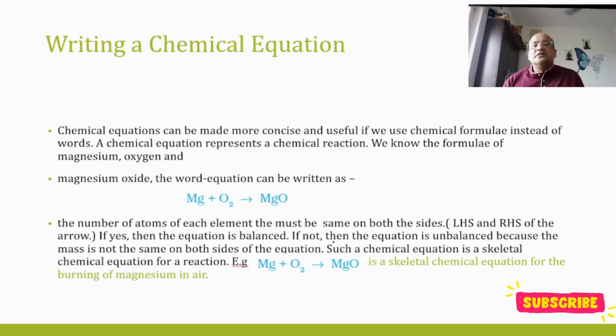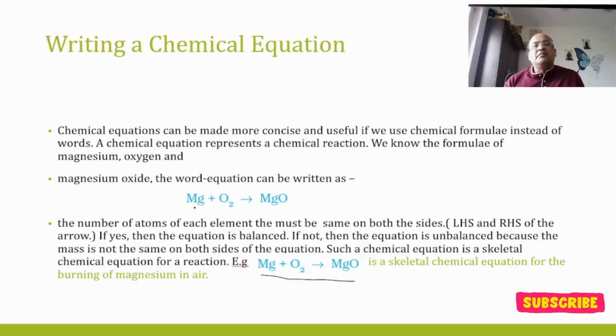Such a chemical equation is a skeletal chemical equation for a reaction. For example, magnesium plus oxygen gives me magnesium oxide is the skeletal equation for the burning of magnesium in air.